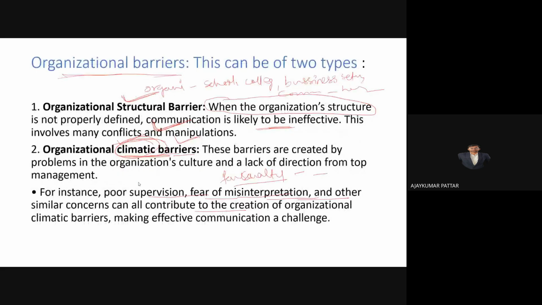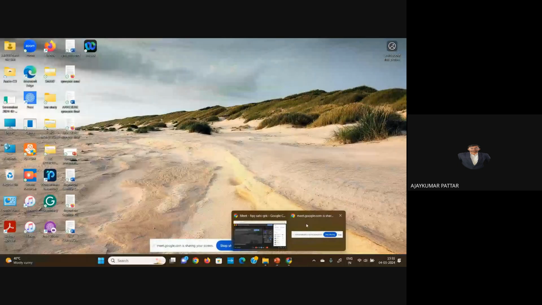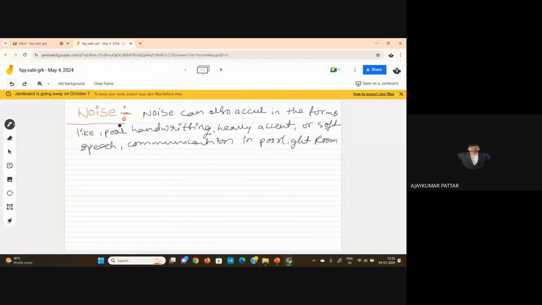In these organizational barriers, we have some concepts, how these organizational barriers are working.